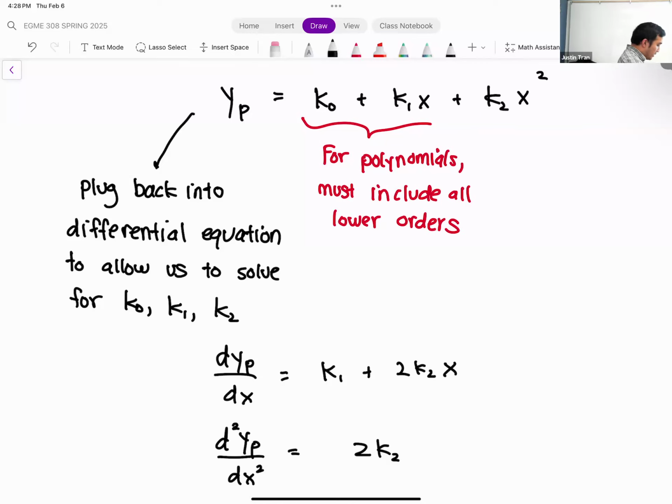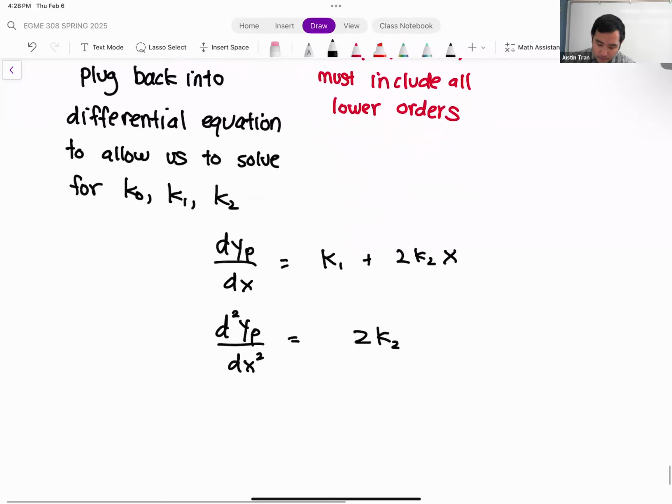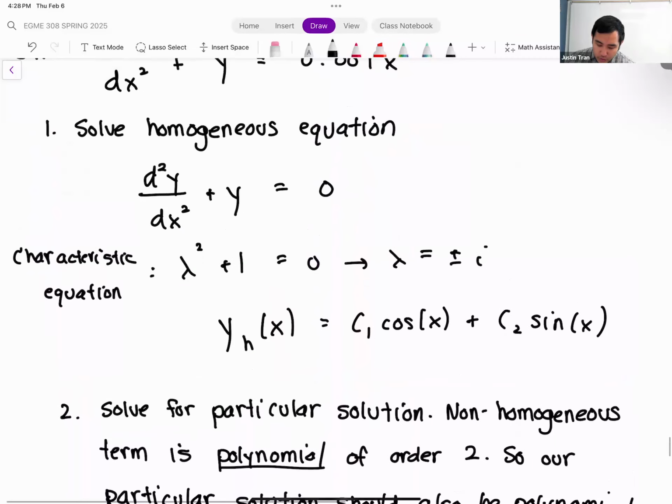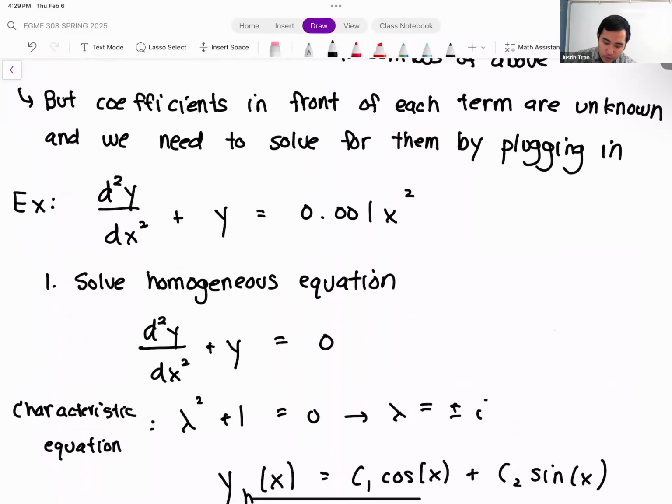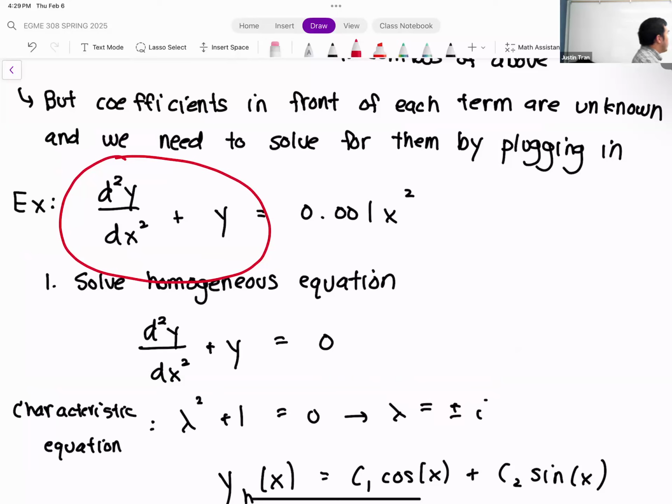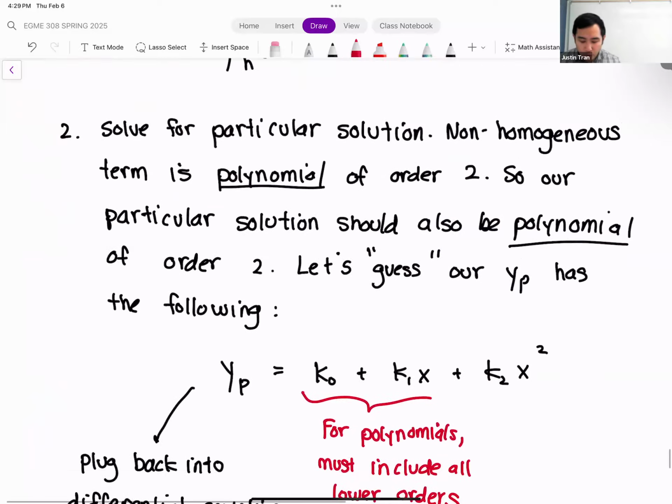So now we have all this. Let's go ahead and plug it in, and I'll show you how you can solve for k1, k2, and k0. Let's go back to the original differential equation. We're plugging in for everything with y. First we have d squared y dx squared, which we've already solved for.